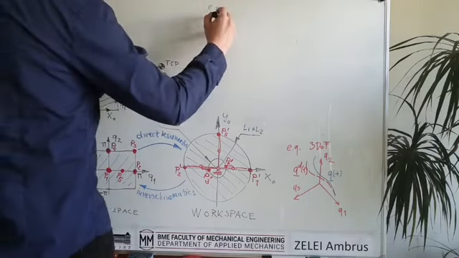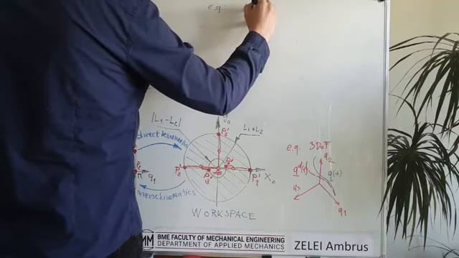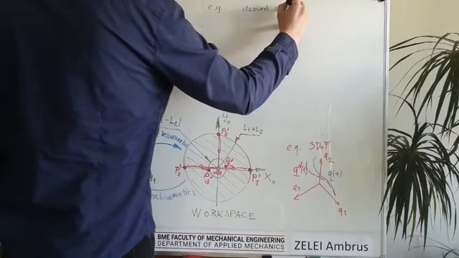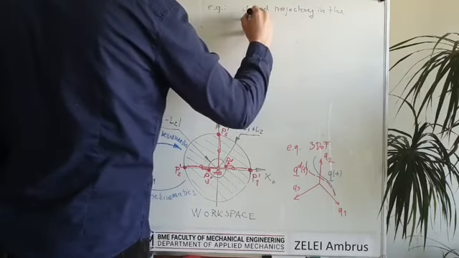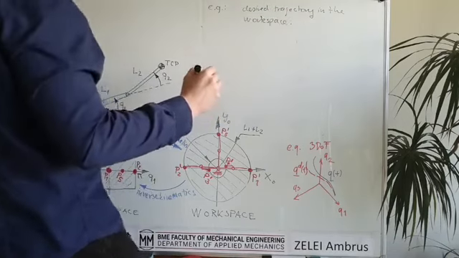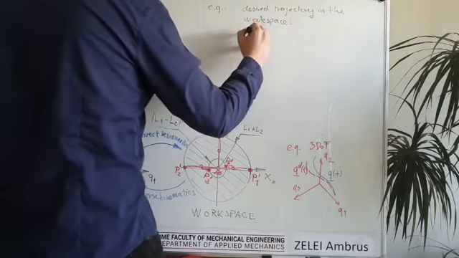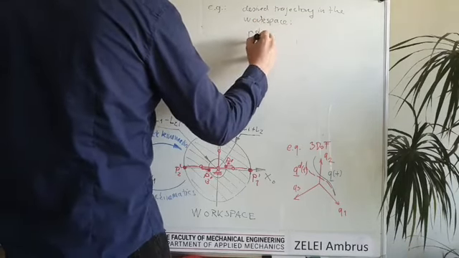So let's say we have the control goal or desired trajectory in the workspace, but this will be constant, so time invariant, R desired(t) in the global coordinate system will be something simple, so it will be 0 and L1 plus L2.